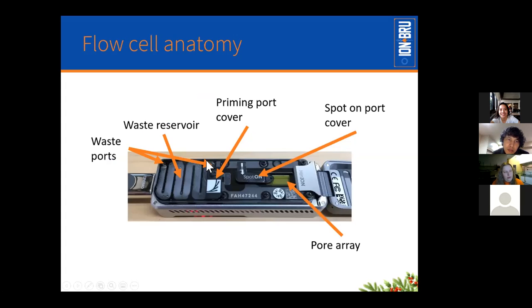The waste port is only open when this is open. This swiveling door not only reveals a port here, it also opens the channel just here. And that's important to know later. If you are to remove anything from this side, you want to make sure it's isolated from that side. So this door being closed basically separates these two sides of the flow cell.